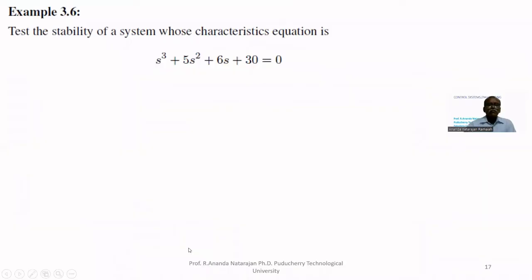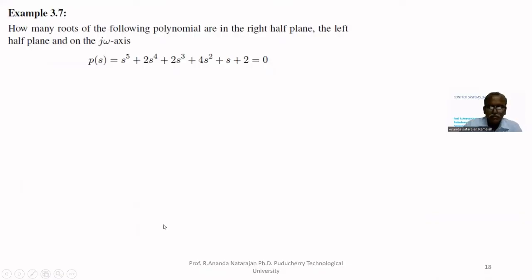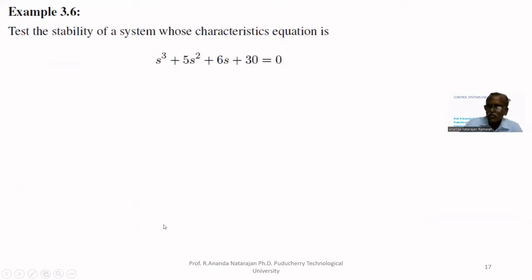Let us see that. Next, test the stability of the system whose characteristic equation is S cube plus 5s square plus 6s plus 30 equal to 0. Now let us form the Routh array. S cube, S square: 1, 5, 6, 30.